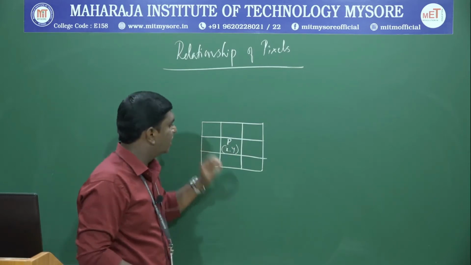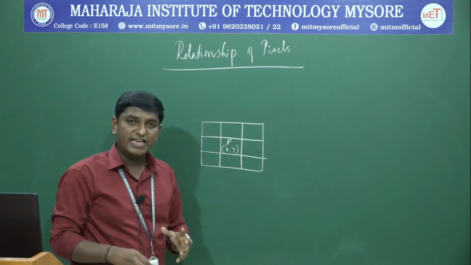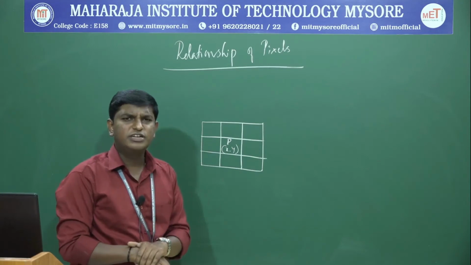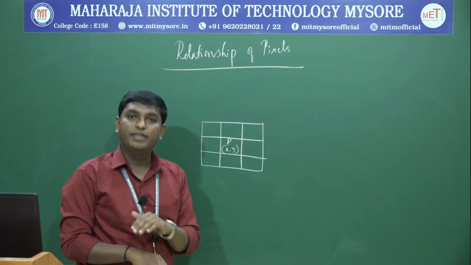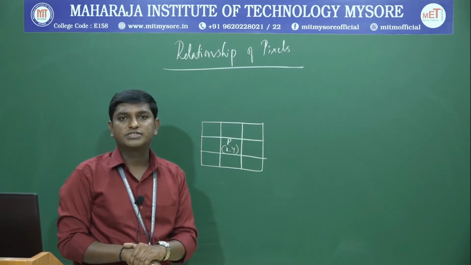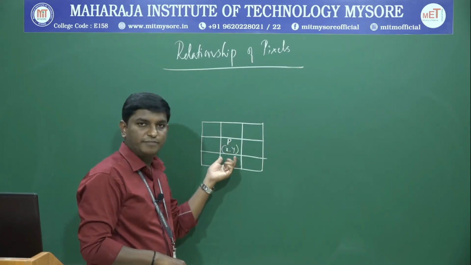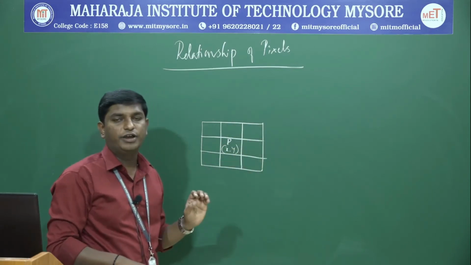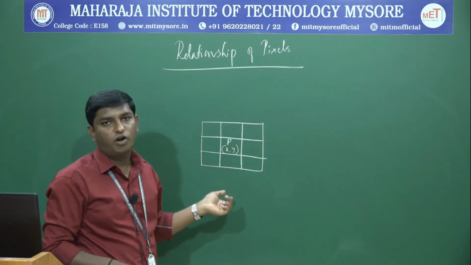Similarly, this pixel also has neighbors. This pixel P has horizontal, vertical as well as diagonal neighbors. Firstly, we will discuss the horizontal neighbors. Then we will discuss the vertical neighbors, and finally we will discuss the diagonal neighbors. Suppose this is x and y. The neighboring pixel next to it, on the right side, will have one more value in the y coordinate.